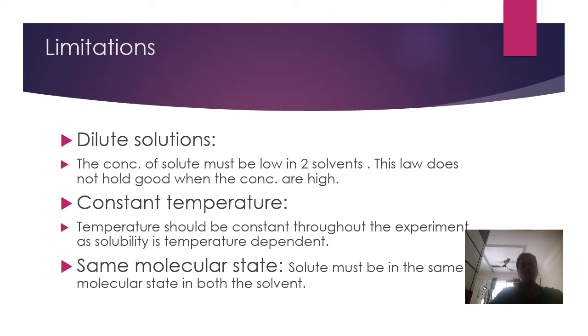So in order to find out the solubility of a particular drug molecule, or to conduct this phenomenon of distribution in a smooth way, we have to keep a constant temperature, and it's mandatory. Third, the same molecular state: the solute must be in the same molecular state in both the solvents. So the molecular state of a particular solute should not change when it is transferred to the organic layer or to the aqueous layer.